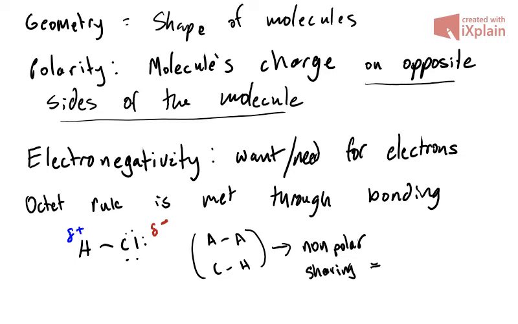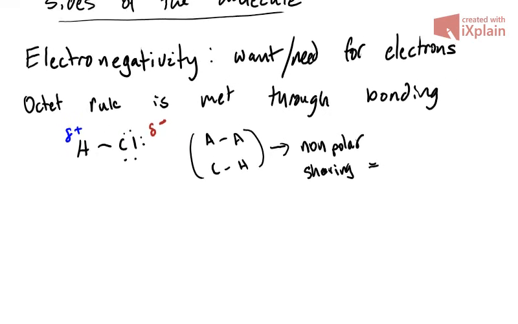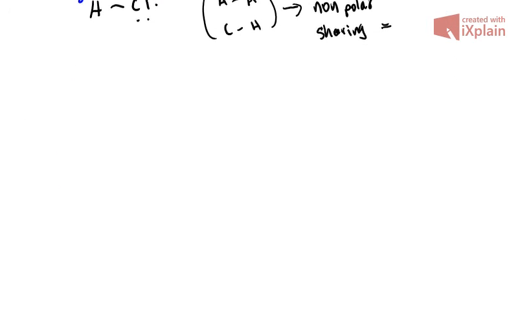So, moving on to multi-atom molecules, I'll give you an example of carbon and hydrogen. Let's take methane, CH4. It's just carbon and hydrogens.